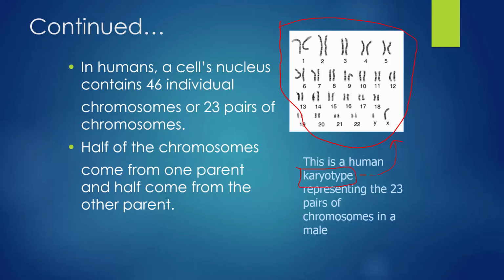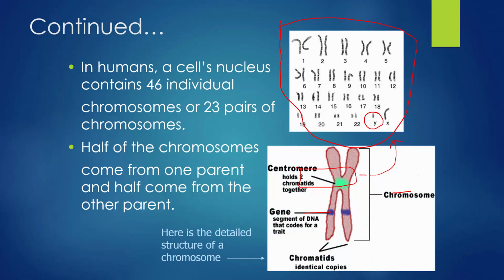In this case, this is showing 23 pairs or 46 individual chromosomes, and it's a male because we have a Y chromosome. If we did not have a Y chromosome, it would be a female. If we have a Y, it's a male. Okay? Hopefully that is concrete now.